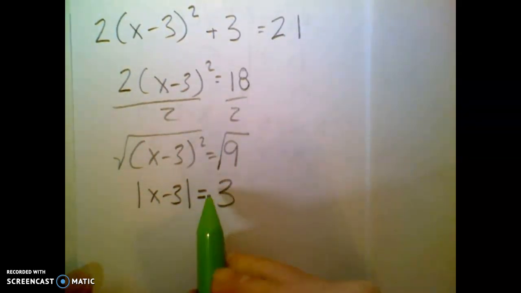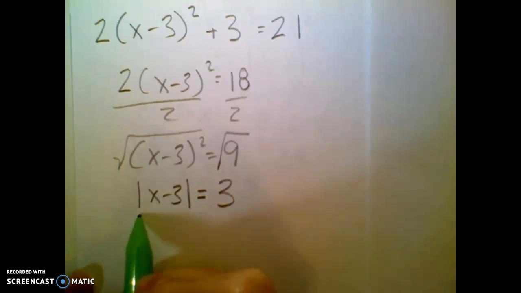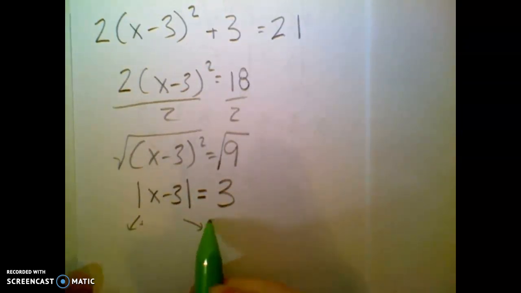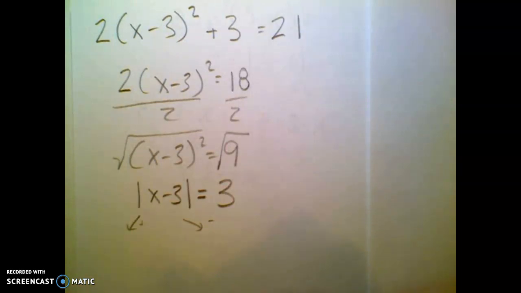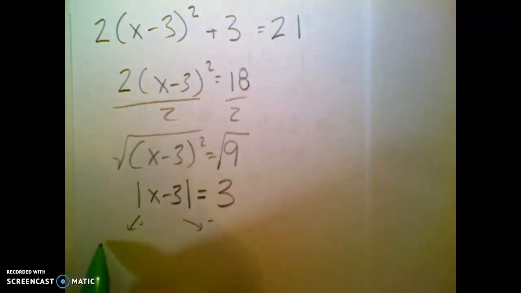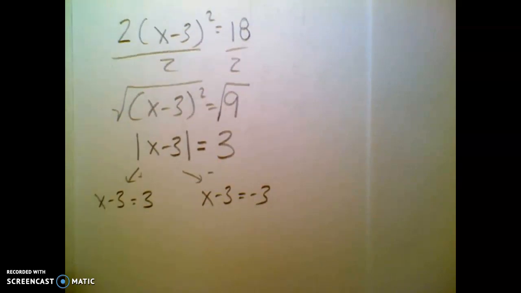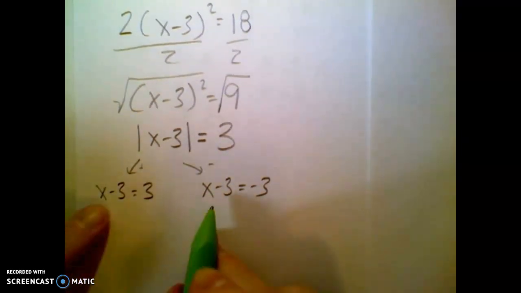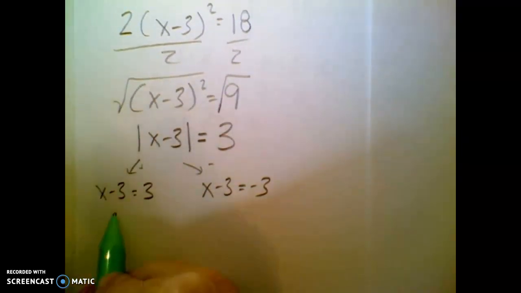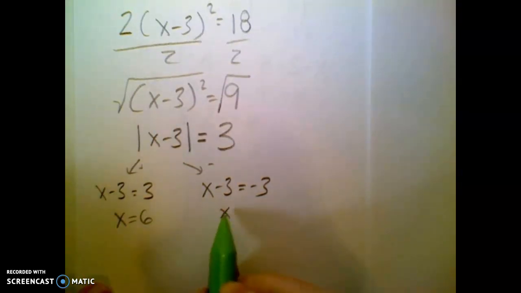And on these, I don't usually do the plus minus because you are going to have two separate actual constant answers. So I would just go ahead and say x minus 3 equals positive 3, x minus 3 equals negative 3, and then solve both of those out individually. It's still the same math. You're still going to add 3 on both sides, so you get x equals 6 and x equals 0.